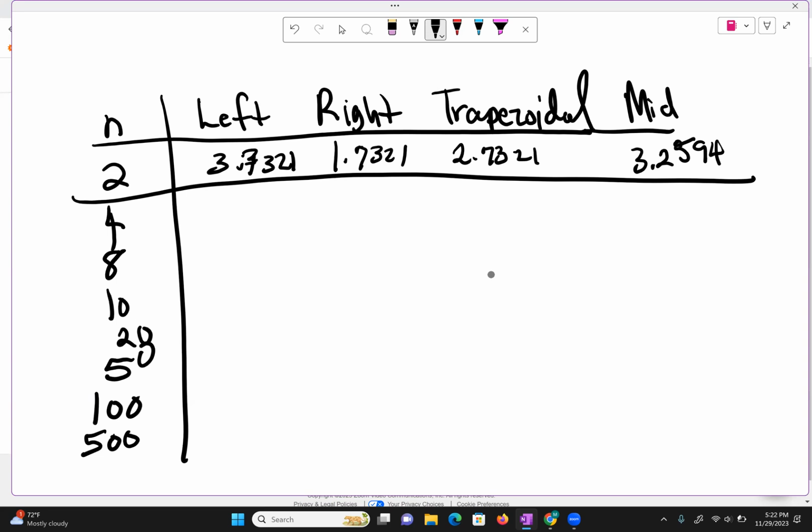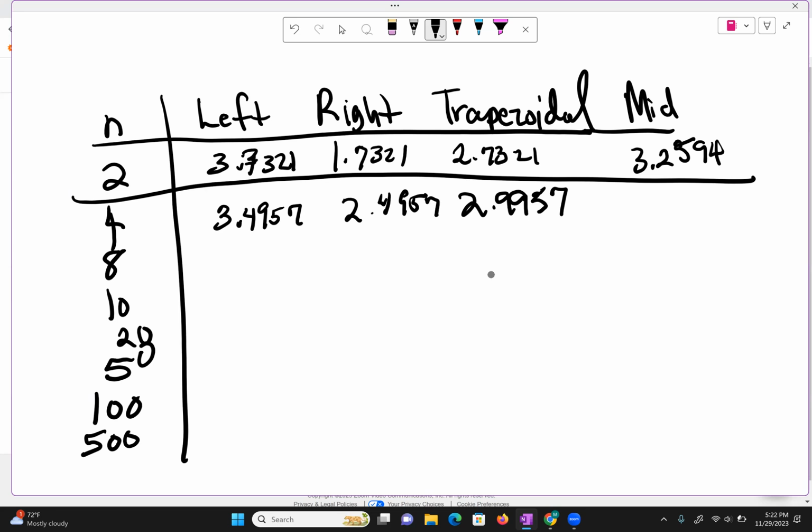Let's go through a 4-sided trapezoid where we would have 3.4957. You would then have 2.4957, I guess. And trapezoidal, you get 2.9957.